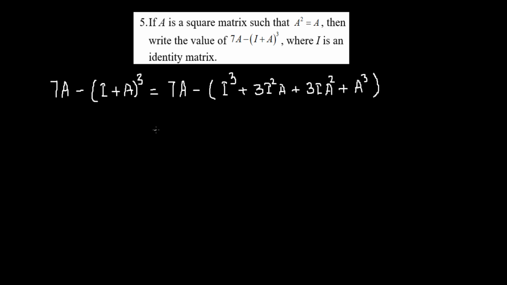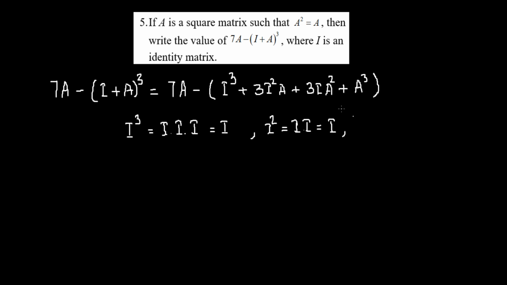Okay, now we know that I cubed, an identity matrix multiplied to itself, I is multiplied to I, that gives us I squared, which is again multiplied to I. Now when our identity matrix is multiplied to itself, that gives us the identity matrix itself. So I cubed can be rewritten as I. Similarly, for I squared, this is simply I times I, the product of two identity matrices, that gives us I.